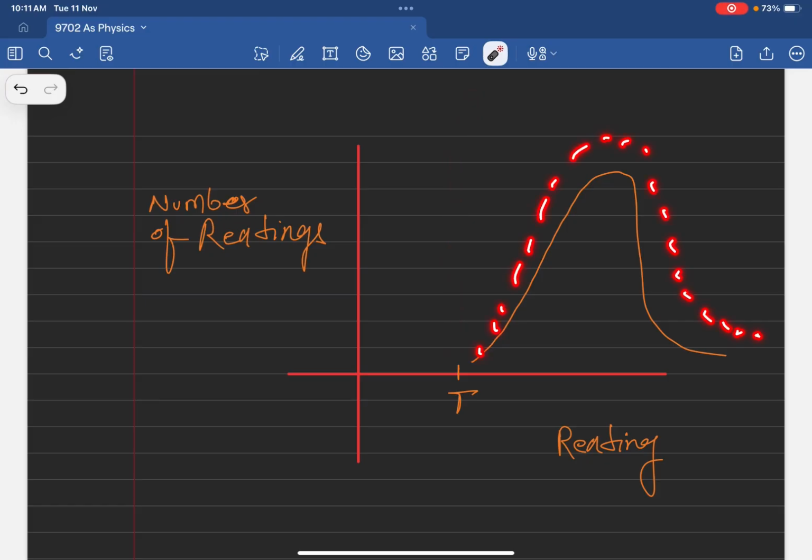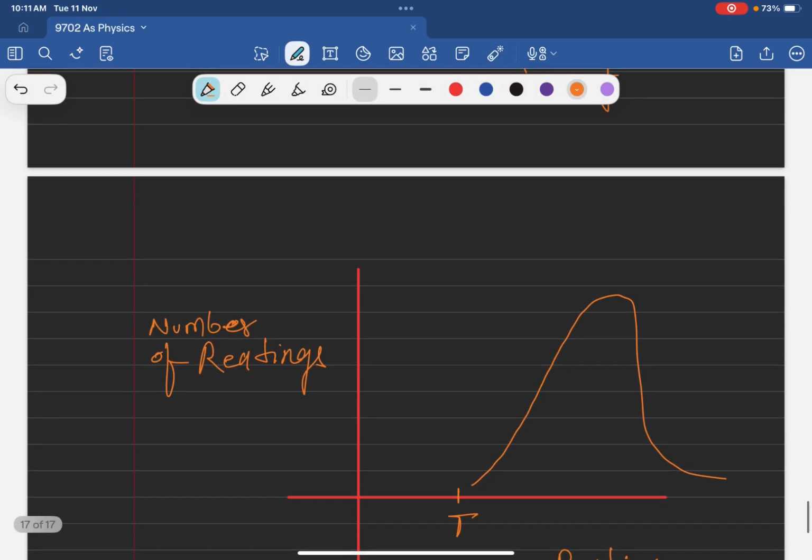Readings are not close to each other. So this graph is telling us that readings are not precise and not accurate. I can write this as: this graph is not precise and also not accurate.